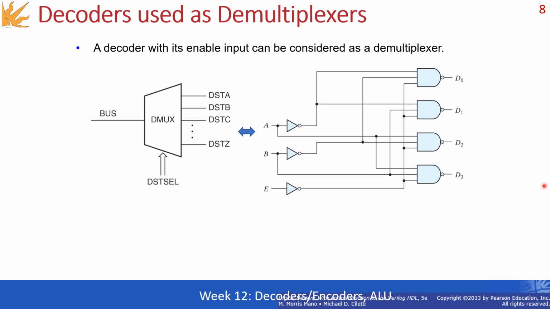Let's see together why. The input, which is passed to a demultiplexer, can be the information which is now passed as the enabling bit to the decoder. And the selection bits over here, they can be used as the input of the decoder.